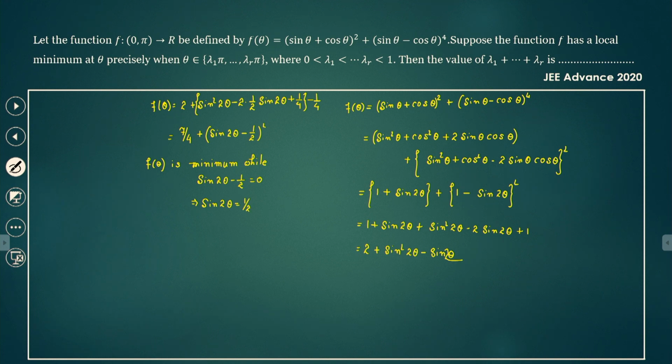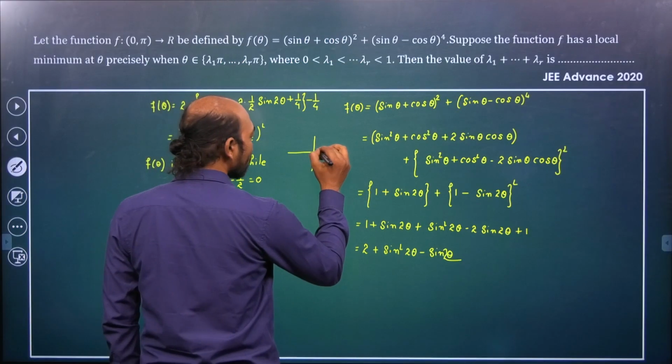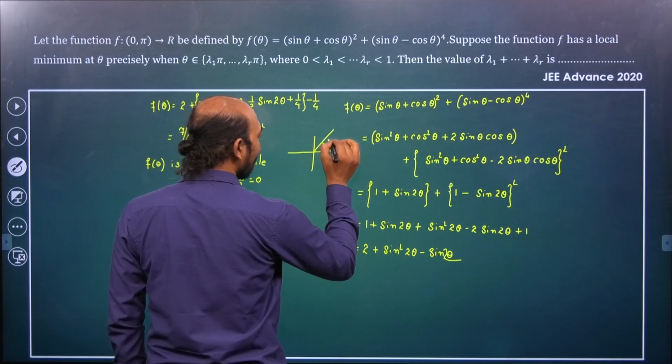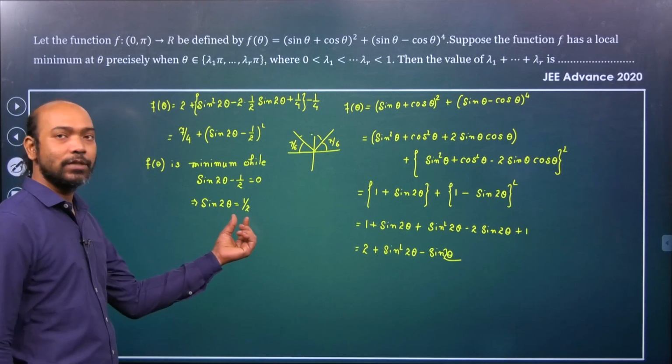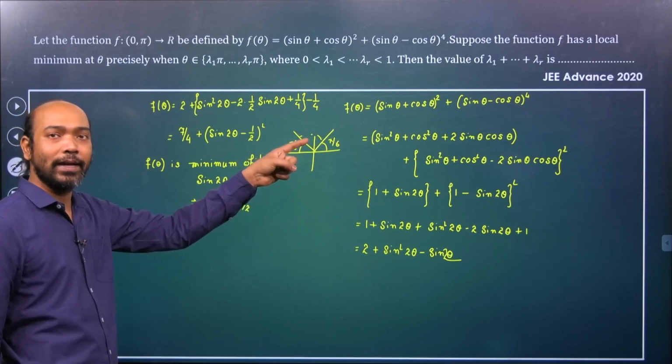When sine 2 theta is half, the angle will be either pi by 6 or pi minus pi by 6. That is the first and second quadrant, where sine is positive. So pi by 6 and pi minus pi by 6.